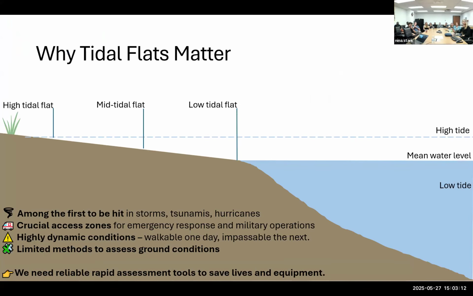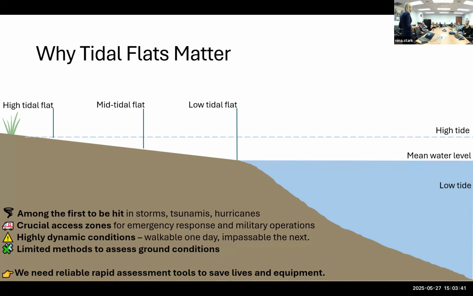So why do tidal flats matter? Tidal flats are often overlooked. They are really muddy, and no one really lives on the tidal flats themselves. But they are the first to be hit after a coastal disaster, like hurricanes or tsunamis. In flat, low-lying areas, they are often the only access routes to those coastal areas, and the conditions can change rapidly.